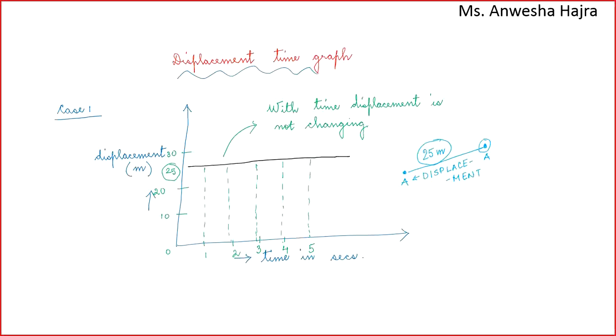So when you say that with time, displacement is not changing. At 1 second it is 25, at 2 seconds it is 25, at 3 seconds it is 25, at 4 seconds it is 25. That means the particle is not moving at all. So this type of graph tells us that the body is at rest.